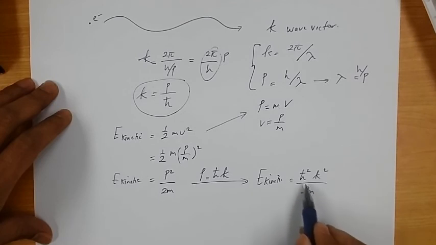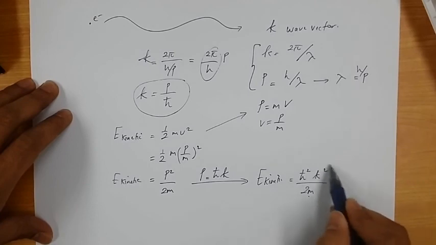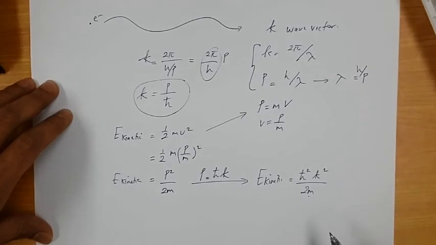ħ is a constant, and the electron has a mass, which is also a constant, so now this depends on the wave vector. The wave vector is a function of the wavelength. So the higher the wave vector value, the higher the kinetic energy.